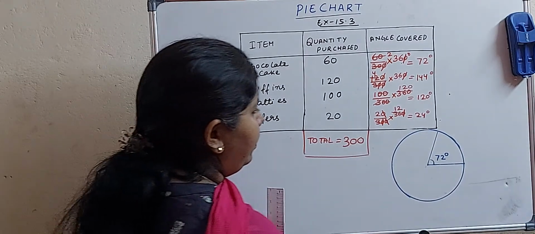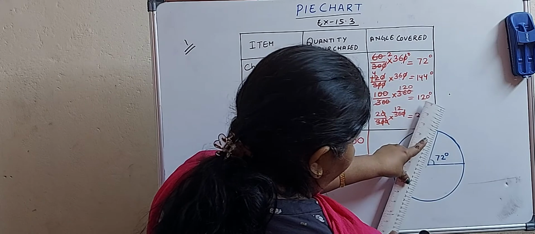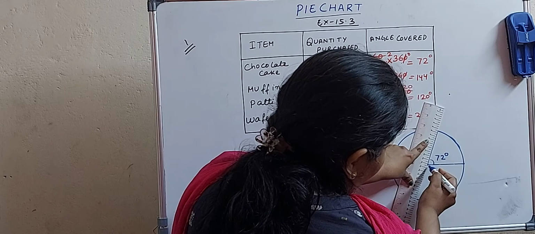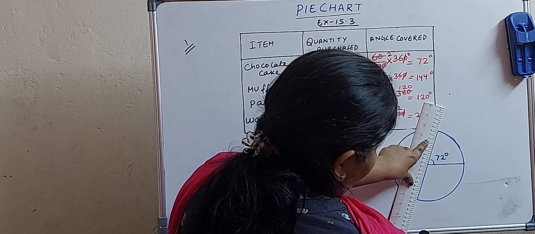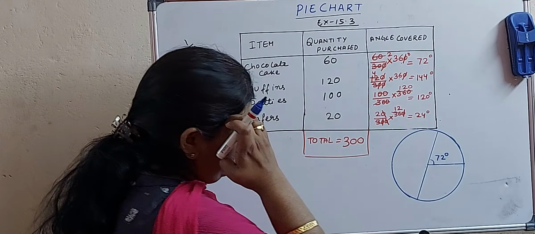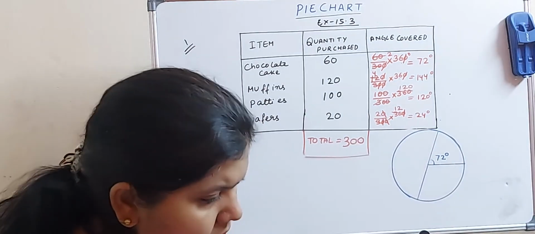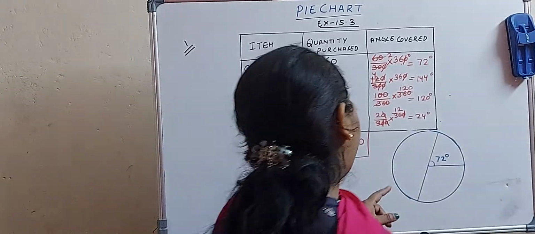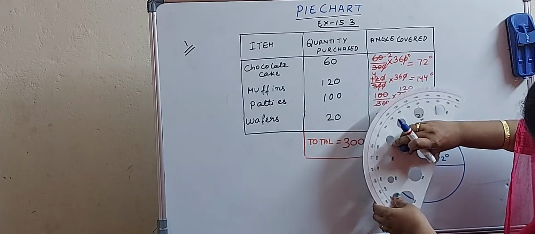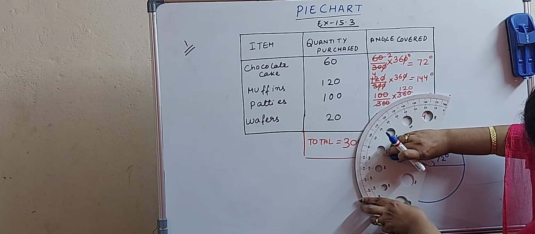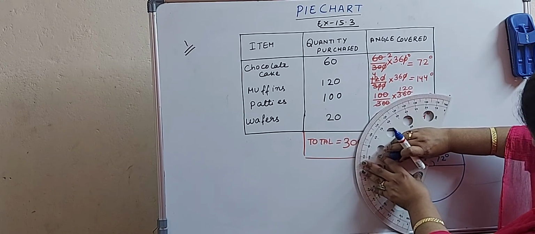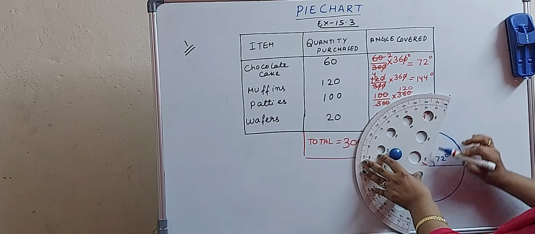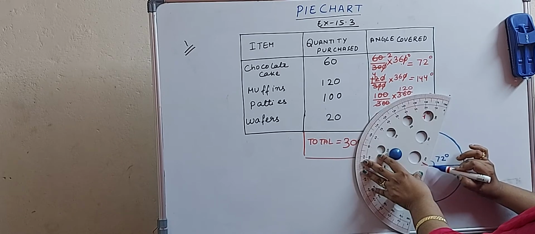We will just pull this line to show it as 180 degrees. Now it will be easier for us to represent 144 degrees in this way. Along this diameter and center, place the protractor accordingly. The baseline of the protractor should be on the diameter and the pointer should be on the center.